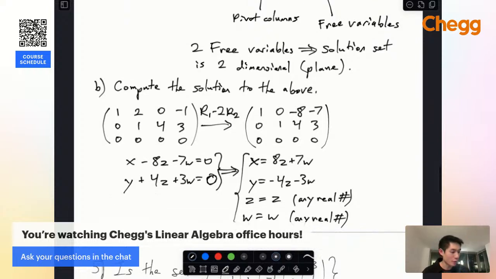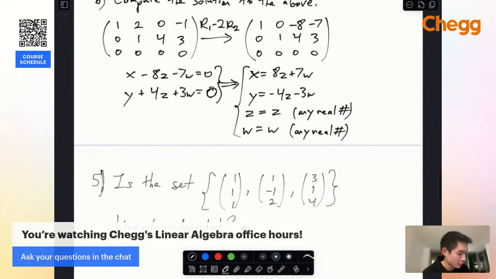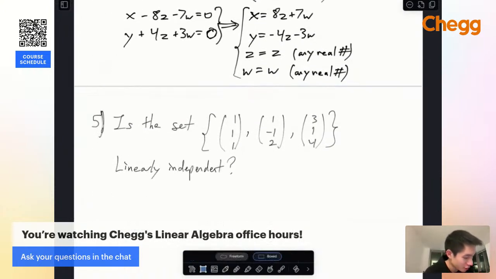Or you can write it in a vector form. Actually, let me move this question down so I can do that.